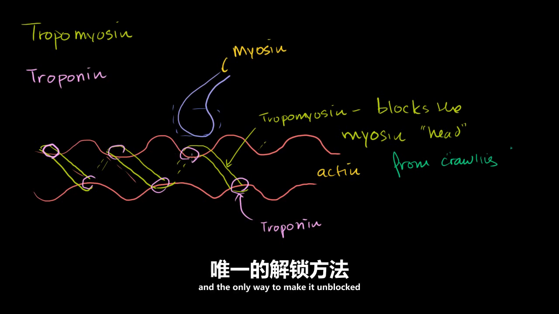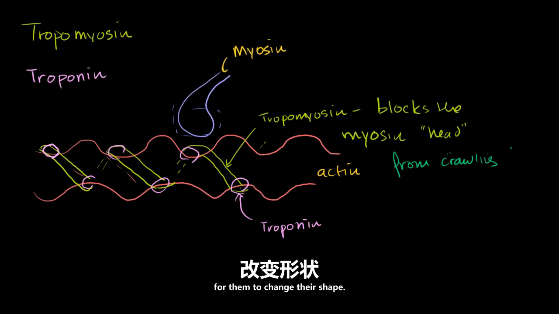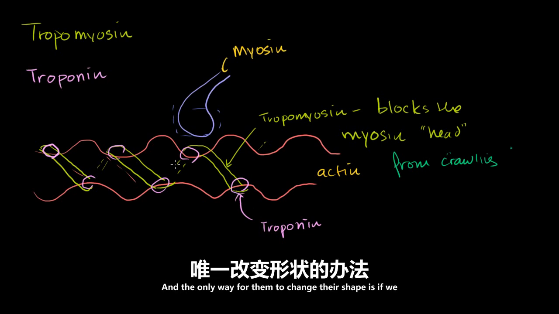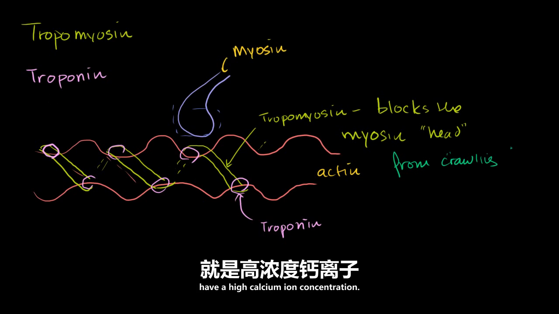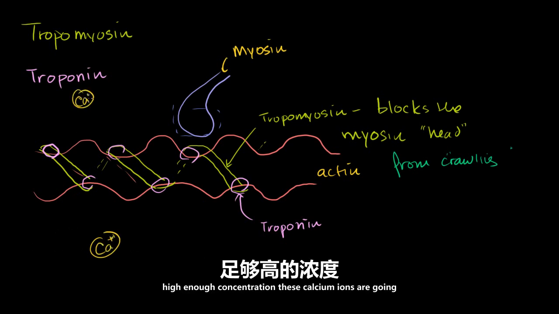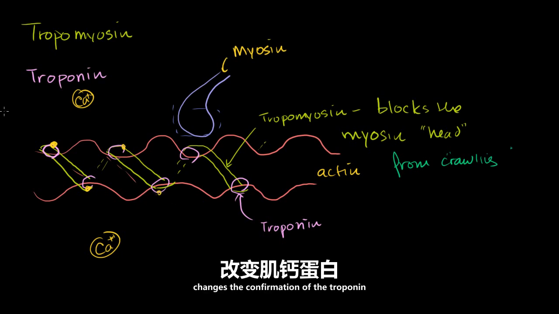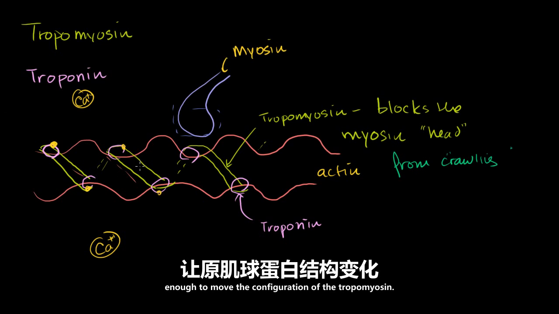And the only way to make it unblocked is for the troponins to actually change their conformation, for them to change their shape. And the only way for them to change their shape is if we have a high calcium ion concentration. So if you have a bunch of calcium ions, if you have a high enough concentration, these calcium ions are going to bond to the troponin, and then that changes the conformation of the troponin enough to move the configuration of the tropomyosin.